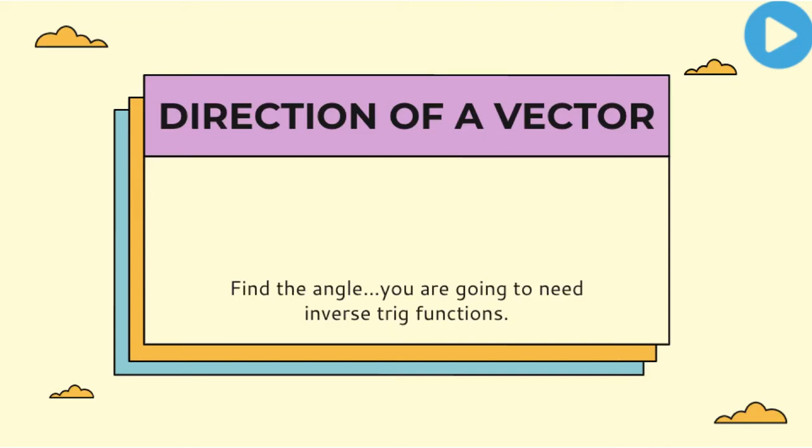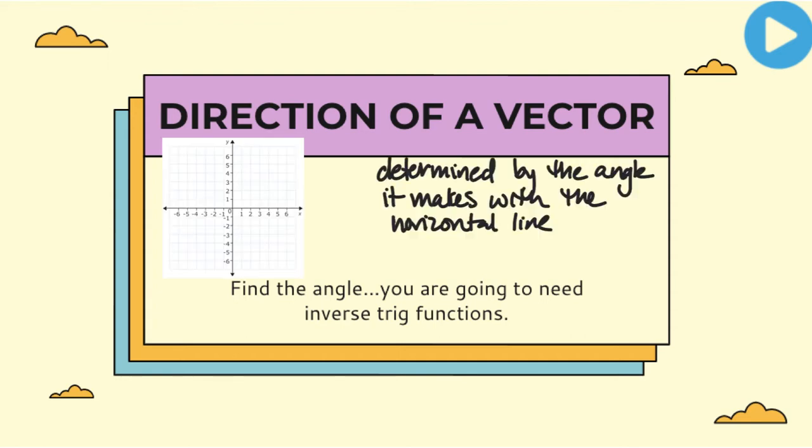The direction of the vector is determined by the angle it makes with a horizontal line.